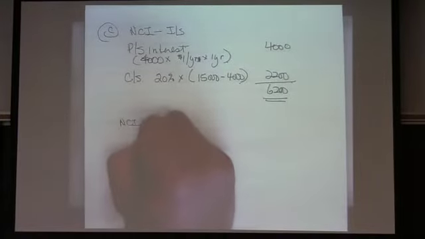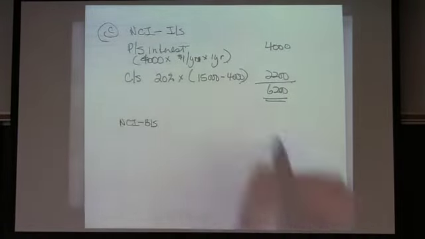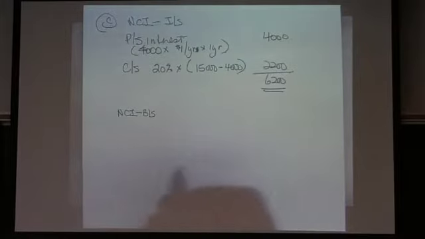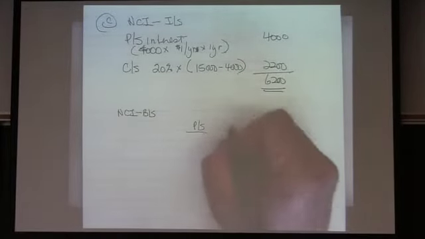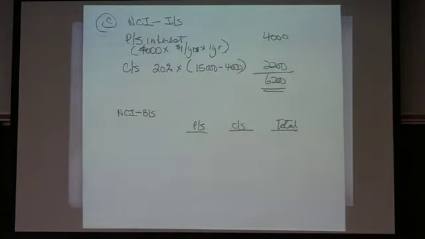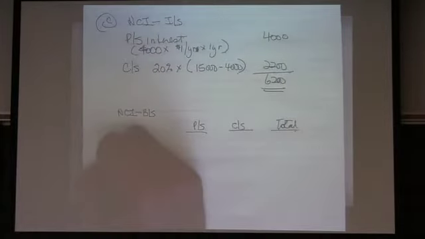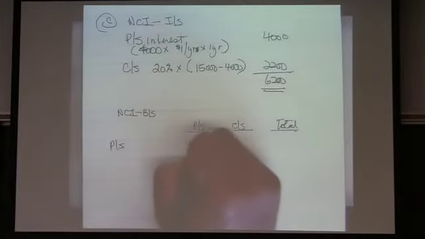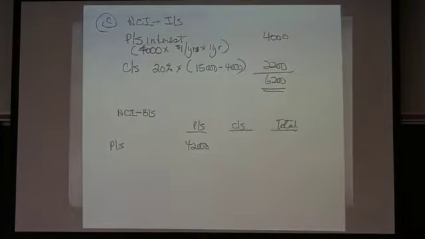Now, NCI, balance sheet, very similar to what we've done in previous mock exercise, except we're going to add one extra step by segregating the preferred shares. So we know that preferred shares was 42,000. How did I know that?